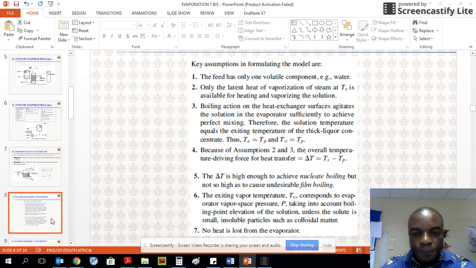Assumption 4, the overall temperature driving force for heat transfer can be calculated as the temperature of your steam minus the temperature of the product.